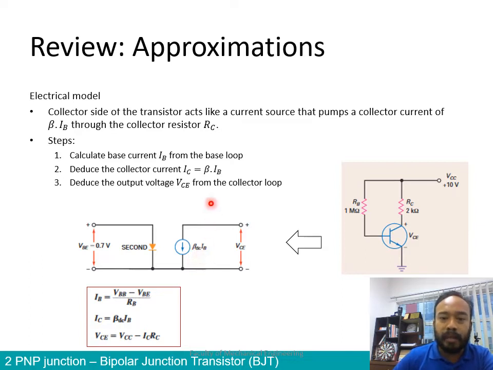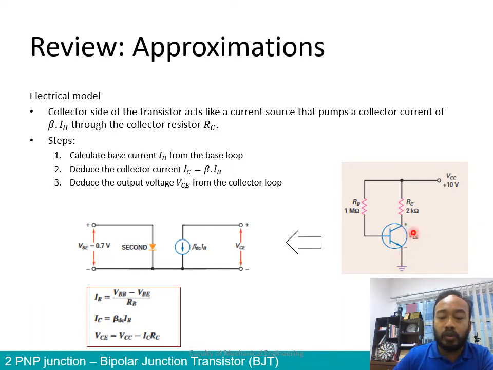As you remember, the current gain beta is the relation between the current in the collector and the current in the base.